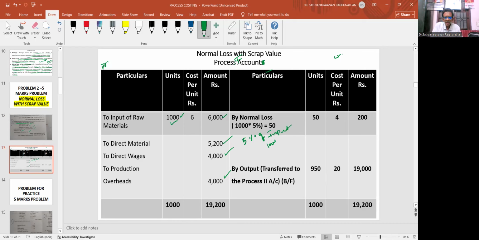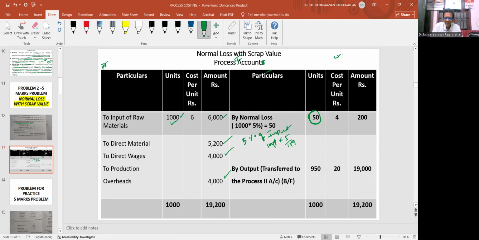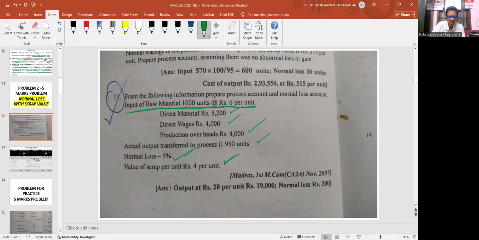So 1000 into 5 by 100, 50. In the unit column, you have to write it as 50. And then here, scrap. Value of scrap per unit, rupees 4 per unit. 4 in cost per unit column. 50 into 4, 200. Understood? Any other information left? No other information. This is the information.